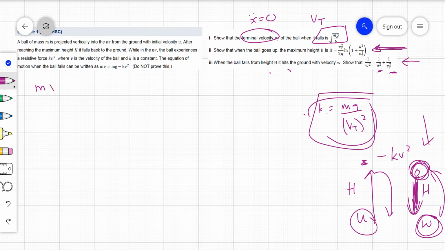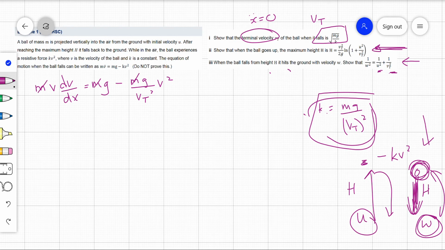So m v dv dx, so that's our acceleration, is equal to mg minus, and here, because k is mg on vt squared, I'm going to end up with that. Now it's going to get confusing, but at least I can divide through by my m's.